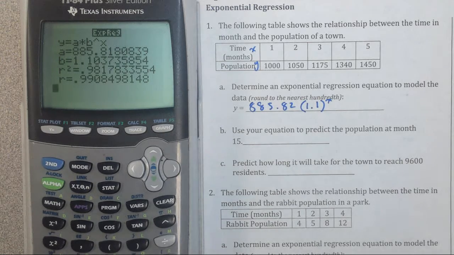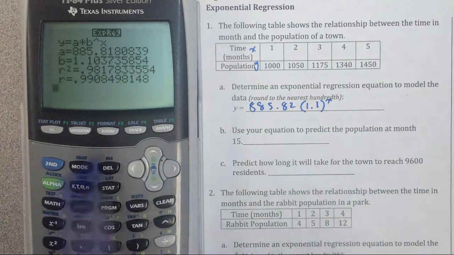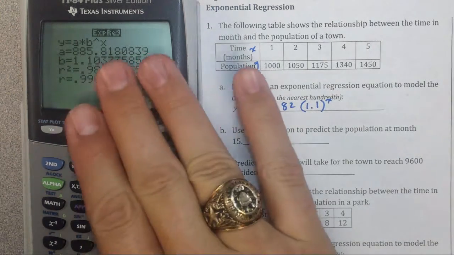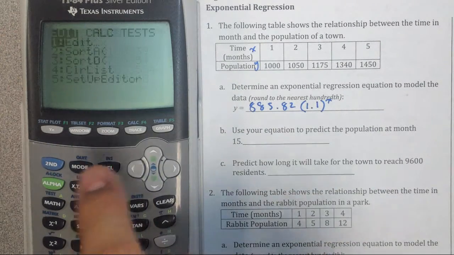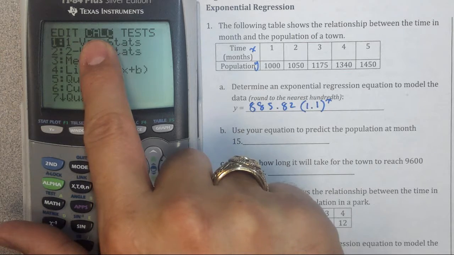Well, the easiest way for me to solve those two problems would be to look at it in the table. Now, I can either type this in the table, or I can have the calculator do the work for me. So instead of just going through and pressing enter a bunch of times and getting to the screen, what I'm going to start doing is I'm going to go back to the stat, go back over to the calculate like I did before.